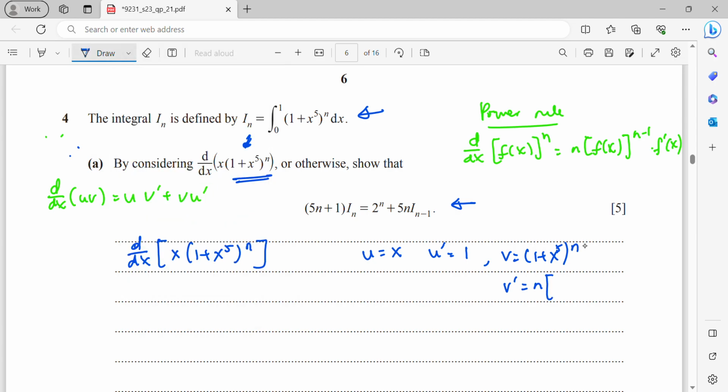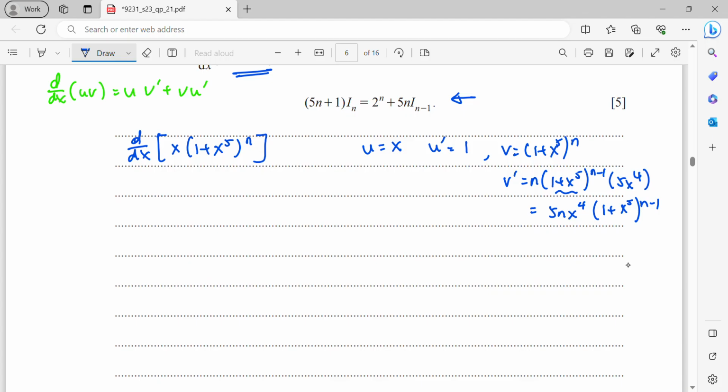Then I rewrite the whole bracket. The power becomes n minus 1. And now I differentiate the bracket. It will be 5x to the power 4. So basically, I'm getting 5n x^4 (1 plus x^5) to the power n minus 1. That is my v prime.